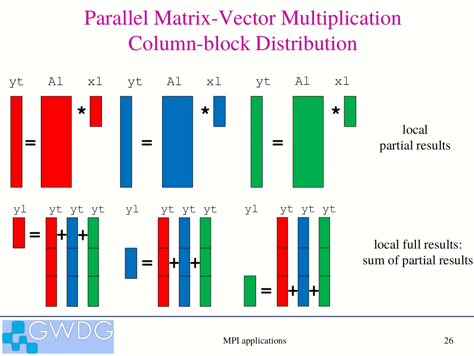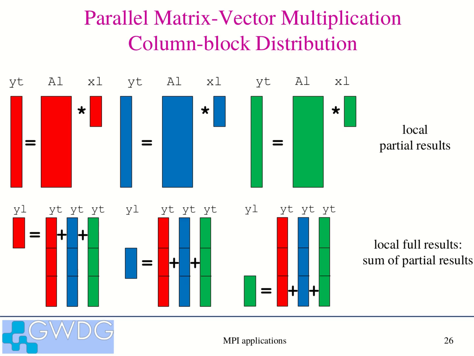So you have to add the first part of these local results on process 0 to get the full answer of the result vector corresponding to process 0, and on process 1 you have to add the corresponding second part of all partial results to get the total result of this section, and on process 2 again you have to add the last parts of the partial results.